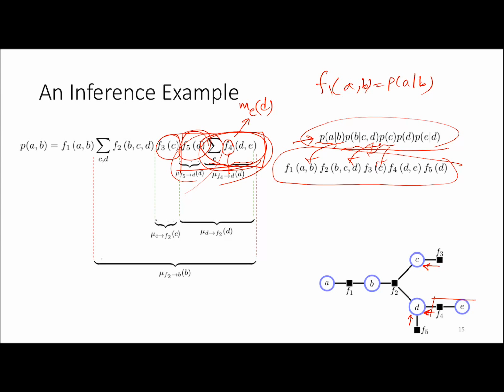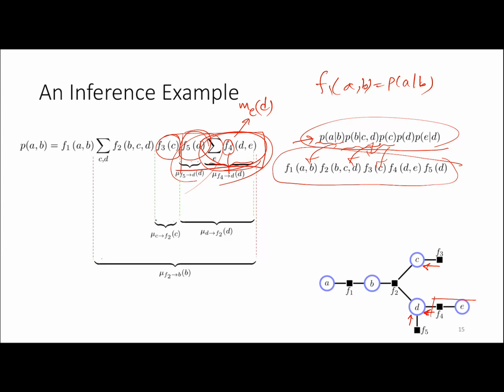If you look at the patterns of the messages sent between factors and nodes in the tree, you see that every time there's a message that goes from a factor to a node, there is a function of the factors involved in it. And when there is a message that goes from a node to a factor, only multiplication is involved. So this is basically the procedure that we follow in the rest of the lecture to come up with an algorithm for passing these messages.